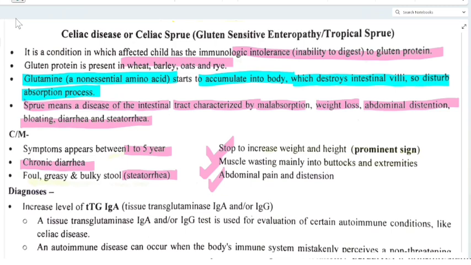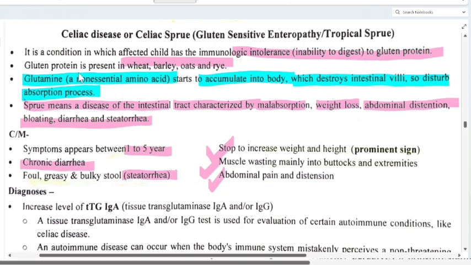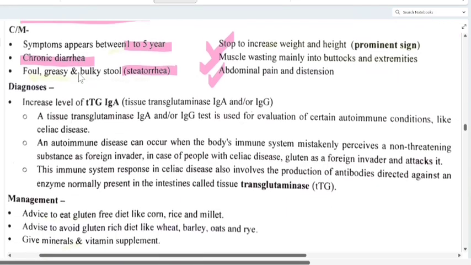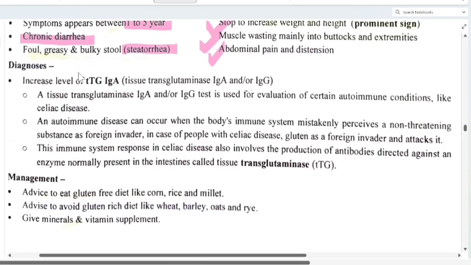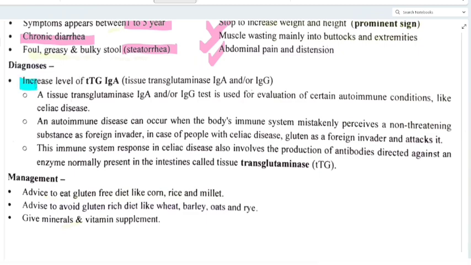Now coming to the diagnosis part. Increased level of TTG IgA. What is TTG? That is tissue transglutaminase IgA or IgG. That level will be increased. A tissue transglutaminase IgA and or IgG test is used for evaluation of certain autoimmune conditions like celiac disease.